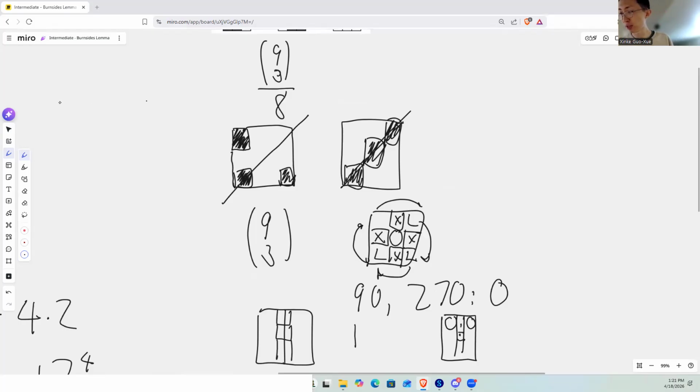So there's 3 choices for which square in the middle is black, and then 3 squares for which squares on the left and right columns are black. 3 times 3. So all in all, in this case, there are 1 plus 3 times 3. So this applies for both this symmetry and this symmetry.